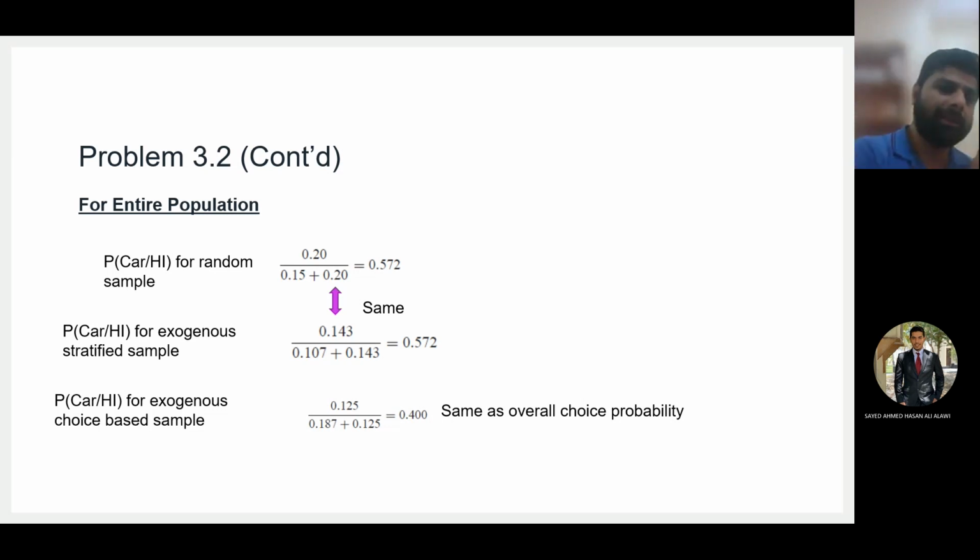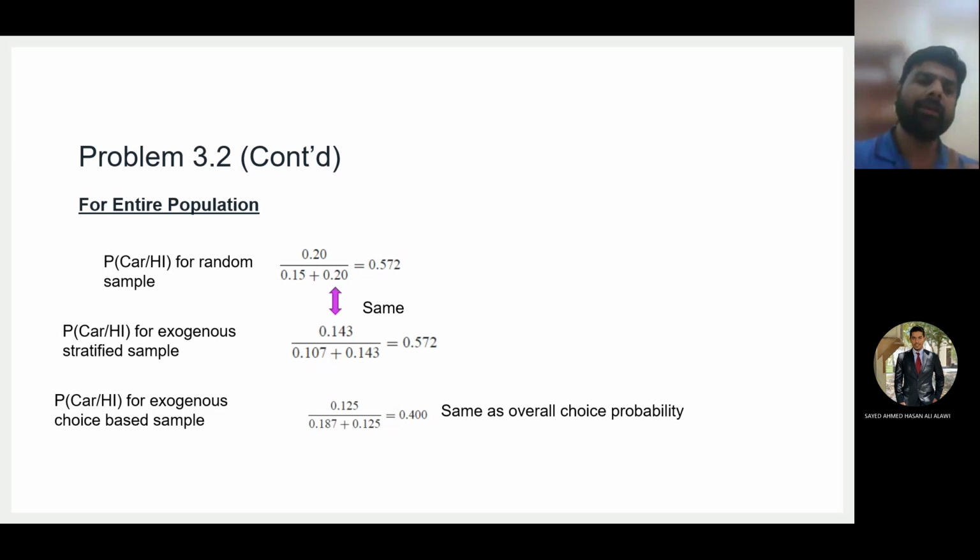So whether you take a random sample or a stratified random sample, the possibility for someone to have a particular choice doesn't change. It will remain the same. But if you are taking an exogenous choice-based sample, okay, so in a choice-based sample, we collected data on the basis of choices, not on the basis of their income.